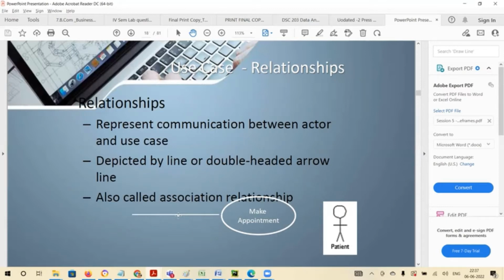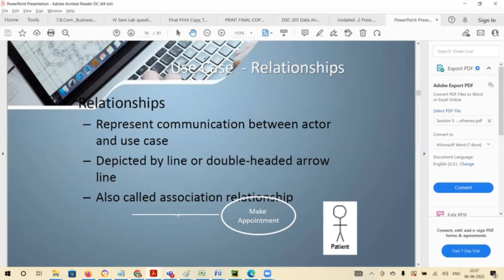Now the relationship, the communication. What is a relationship? It's the communication between the actor and the use case. It is depicted by a line or double-headed arrow. Double-headed means you have an arrow on both sides: on the left side a less than sign, on the right side a greater than sign.